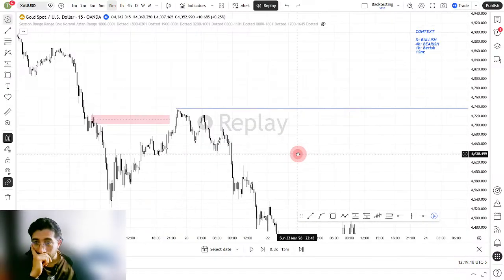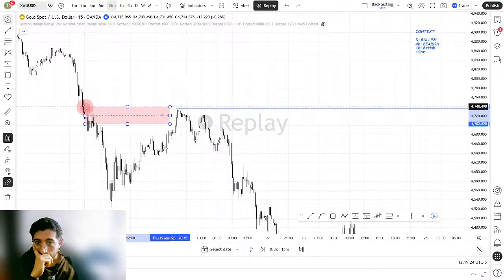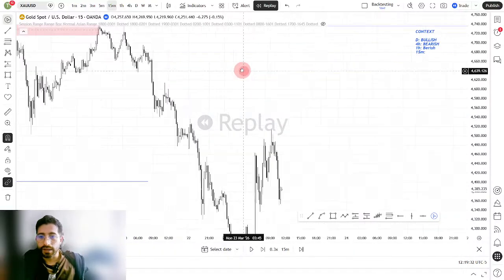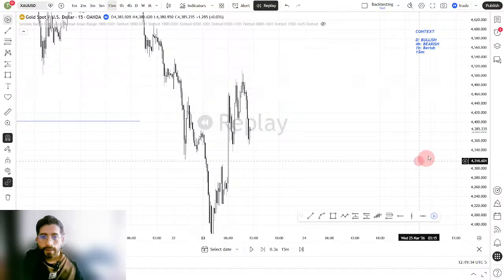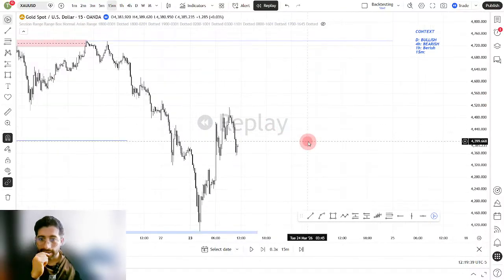Yeah, here it is. Look. Boom. Range beginning. Perfect. And it's going down super, super strongly.